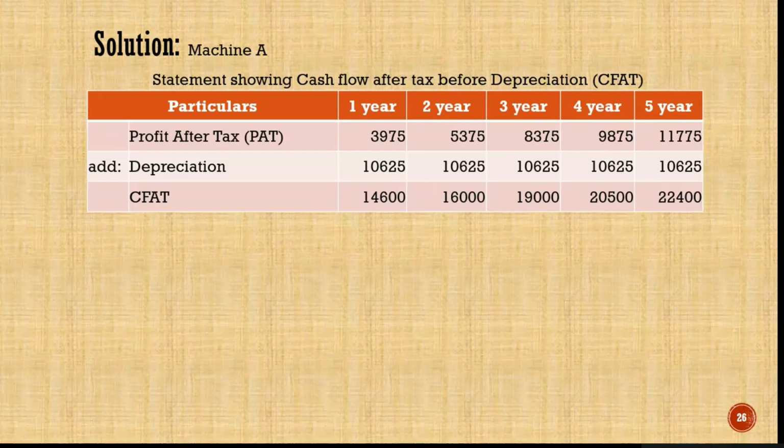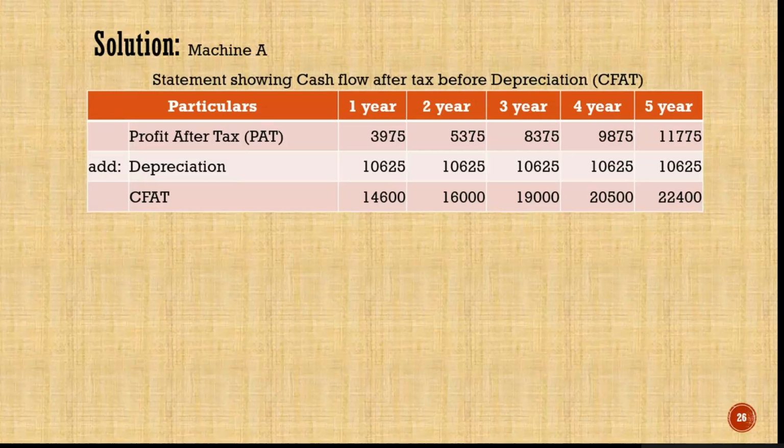There is no information given concerning the method of depreciation used by the firm. So we assume that it is the straight line method, and the same amount we will write for all the 5 years. And then after adding that, we arrive at cash flow after tax before depreciation.